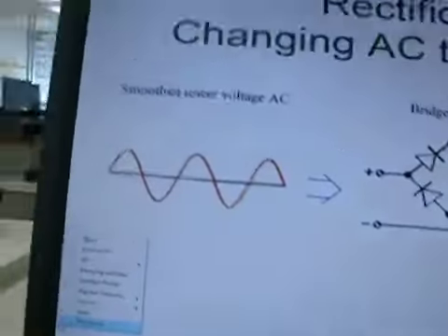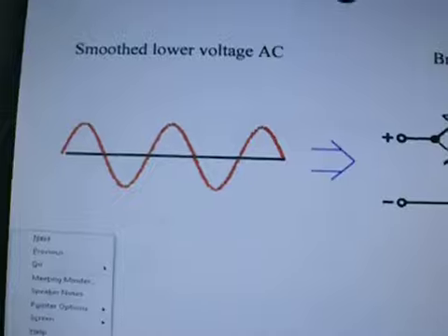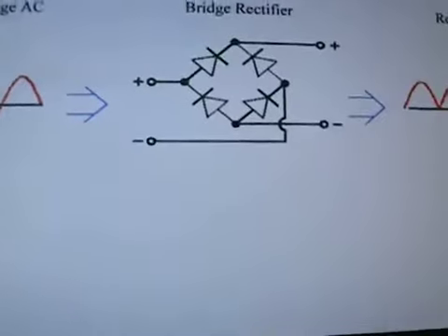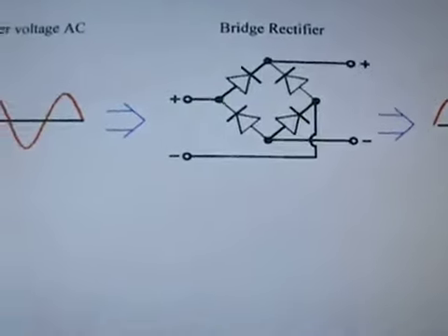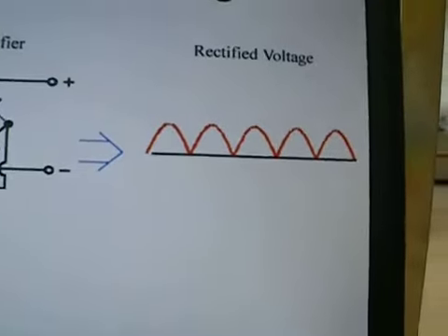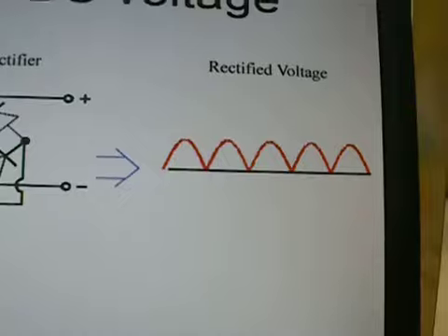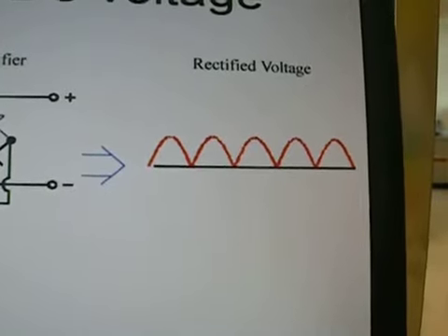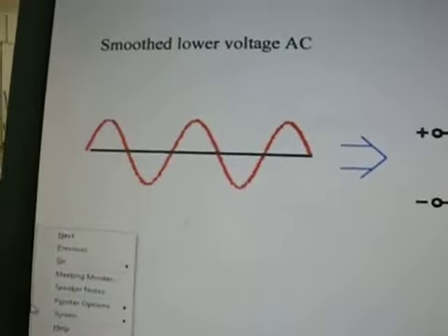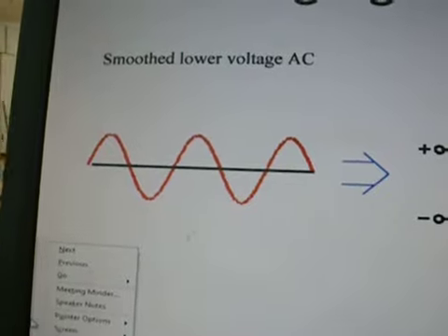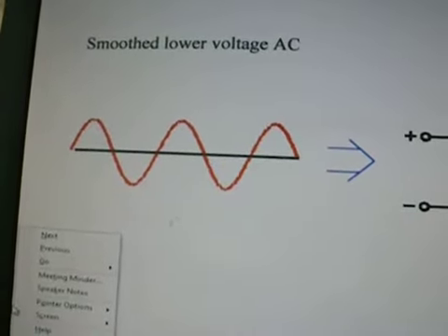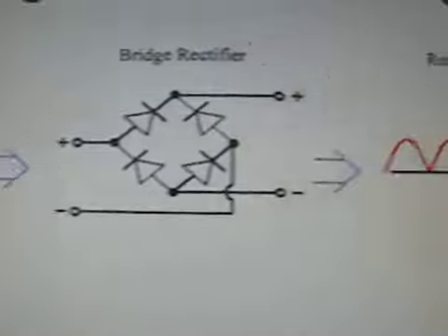Okay, so here's the process. Here's an AC voltage, and in the middle we have a bridge diode, and what comes out of it is not pure DC. Notice, pulsating DC. But compared to the input, where you have positive and negative going, the line in the middle is the neutral.